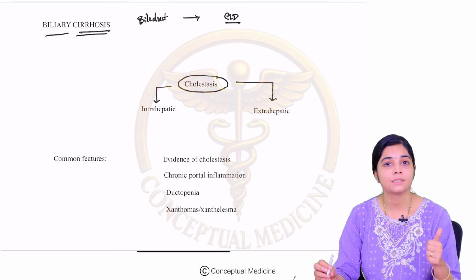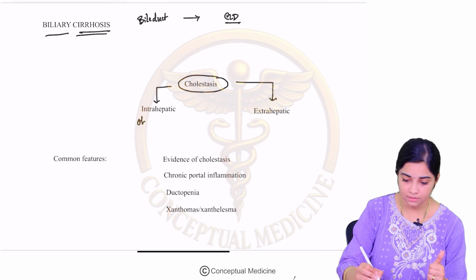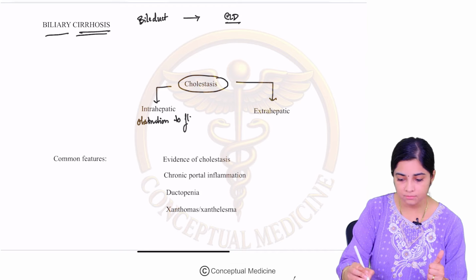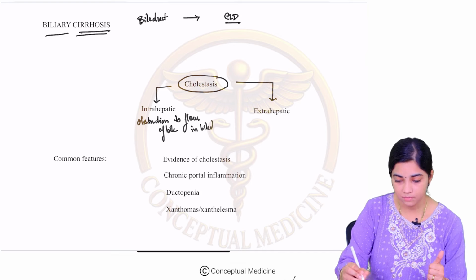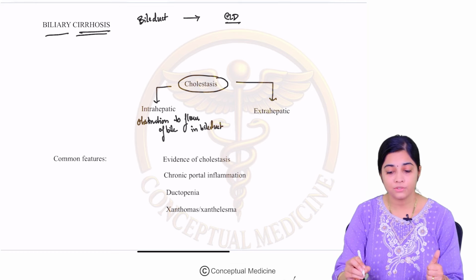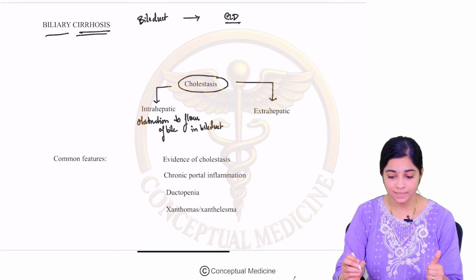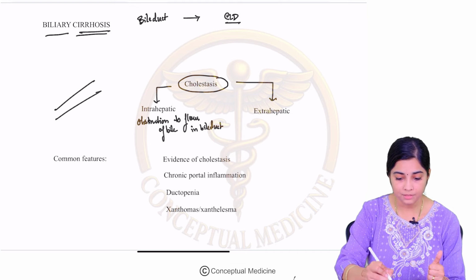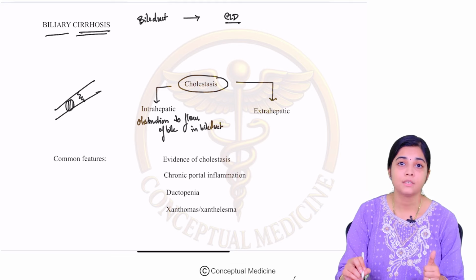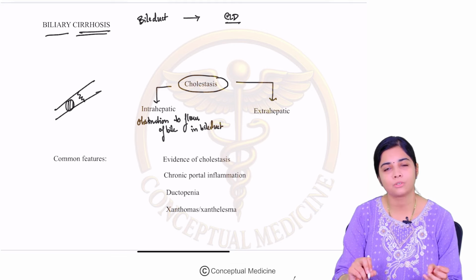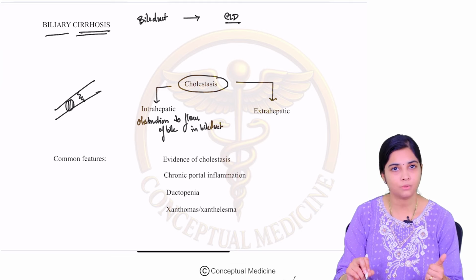Intrahepatic means that there is an obstruction to the flow of bile within the bile duct. This can be because of a stone, a stricture, or certain autoimmune disorders that we will be looking at.